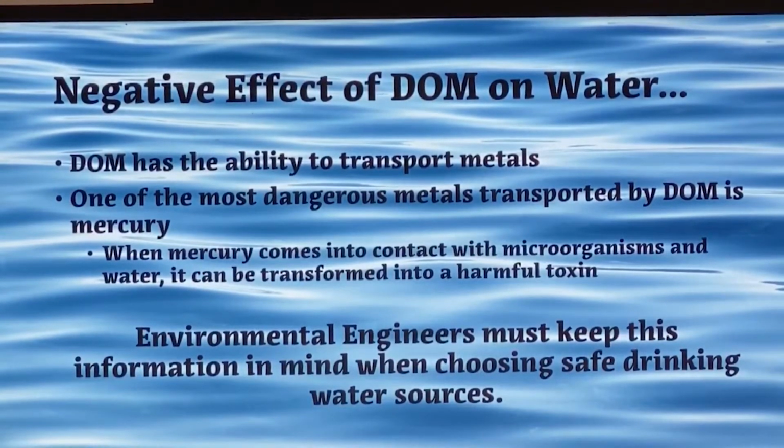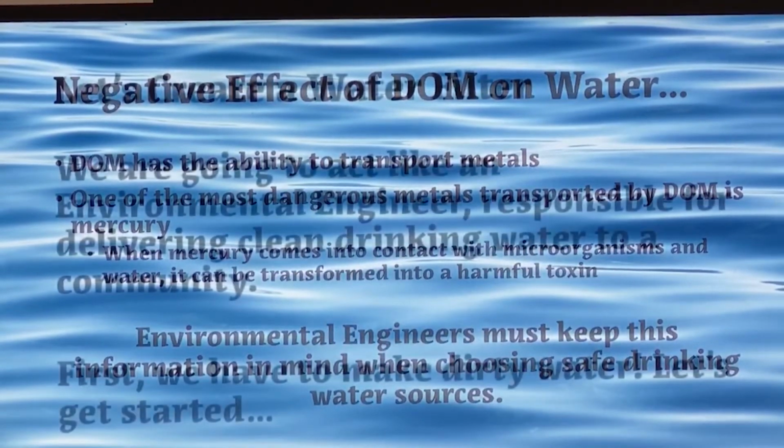So that's why we do not drink brown, stagnant water. Although there are many positive reasons for it for the microorganisms, it's not good for human consumption. Obviously, it contains mercury, it contains bacteria, it contains lots of other things. So environmental engineers must keep this information in mind when choosing safe drinking water sources.